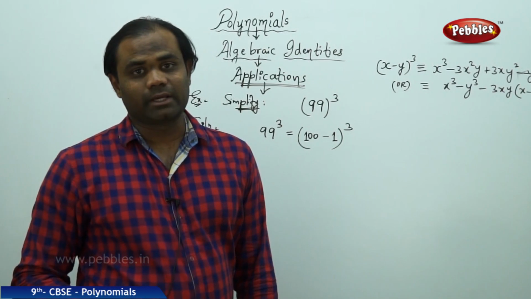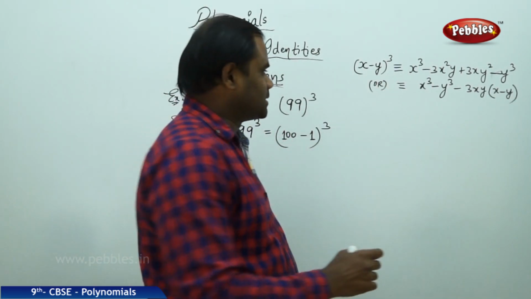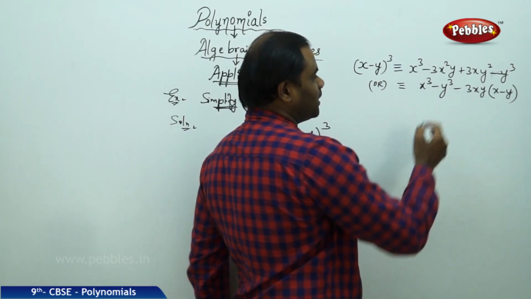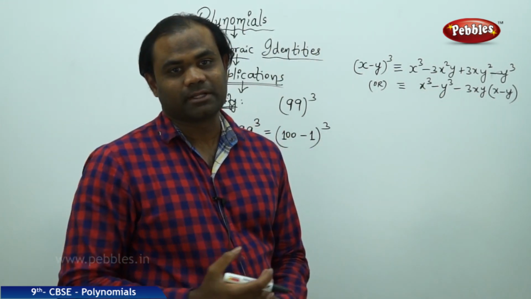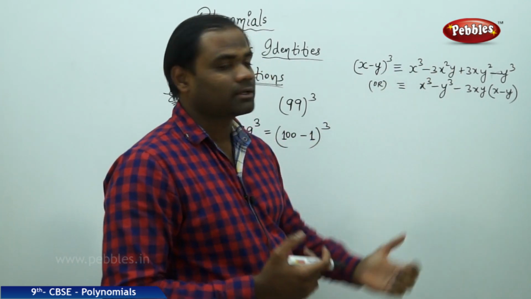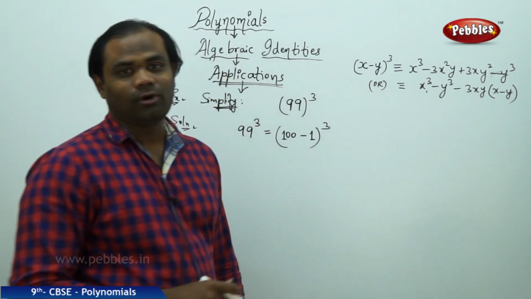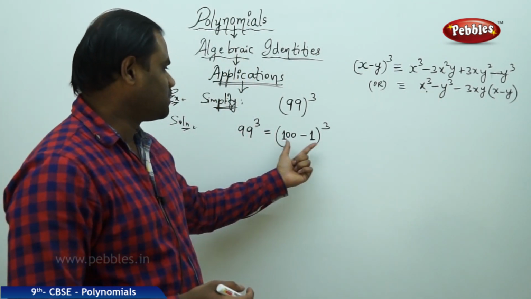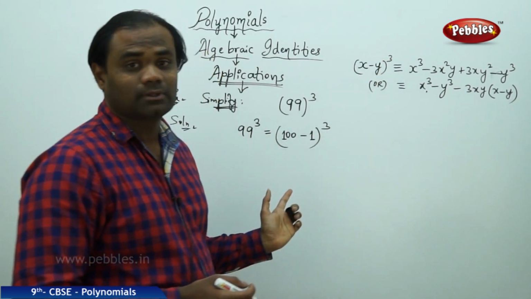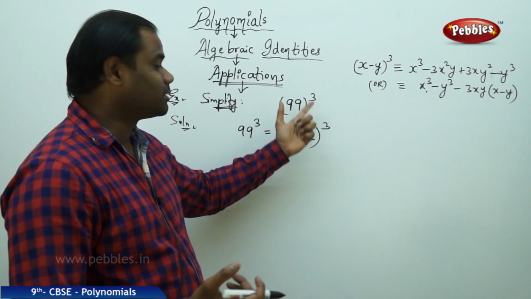Both are the same expansions. Or this formula can also be written as x cube minus y cube minus 3xy times x minus y. Both mean the same identity for x minus y whole cube. So I'm going to use the second form of the identity for expanding x minus y whole cube, that is 100 minus 1 whole cube, indirectly 99 cube.